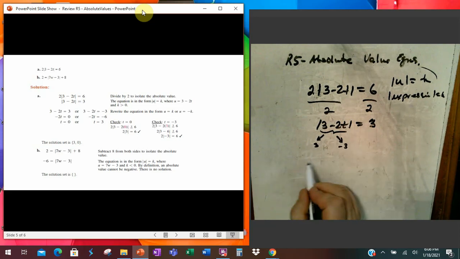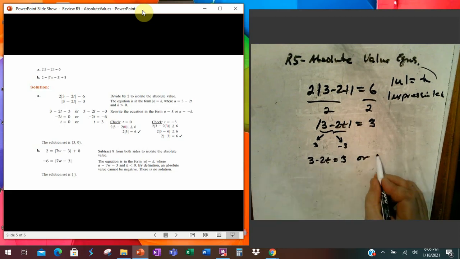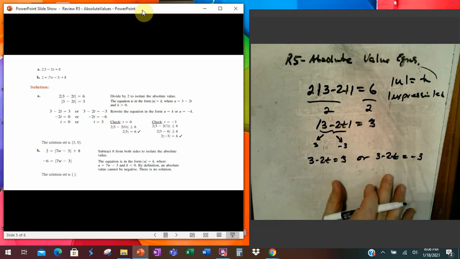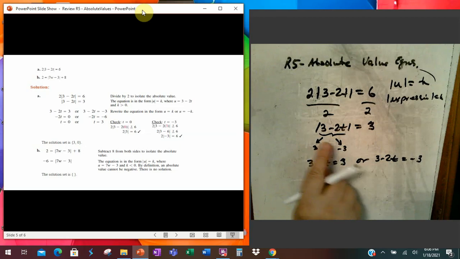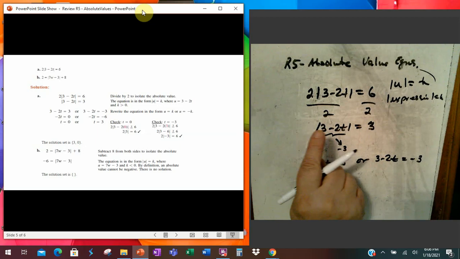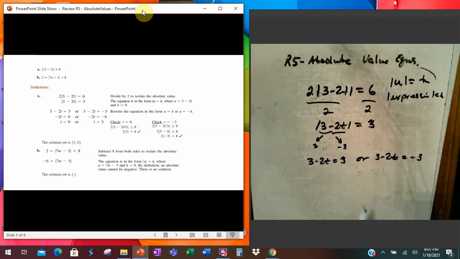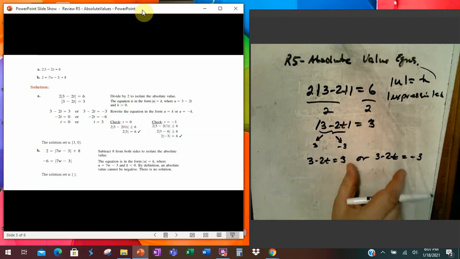So I break this out into two possibilities. If this is equal to 3, the absolute value of 3 is 3, I've got it. If this is equal to negative 3, the absolute value of negative 3 is equal to 3, and that takes care of it. These are the only two numbers where the absolute value is going to be equal to 3.